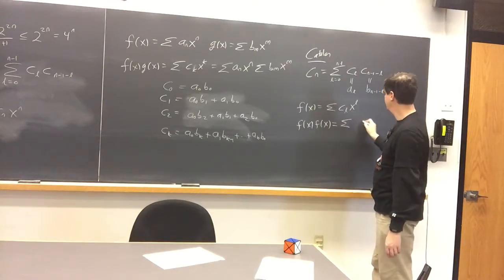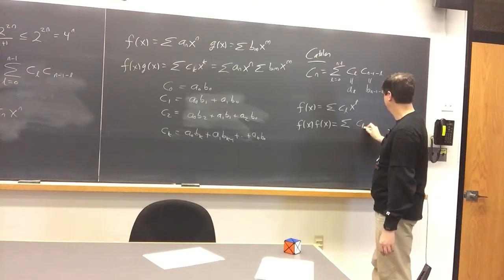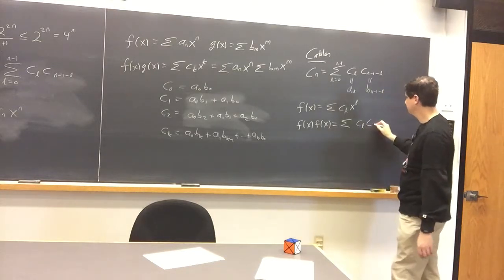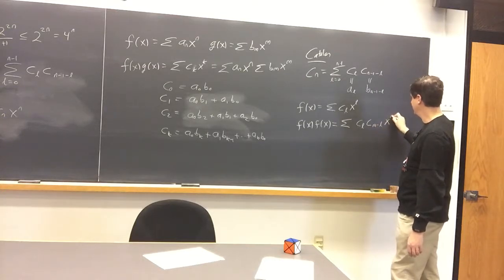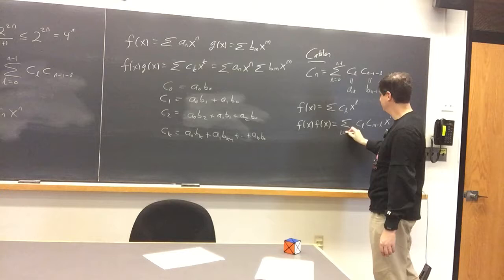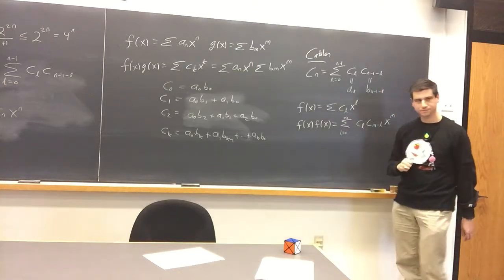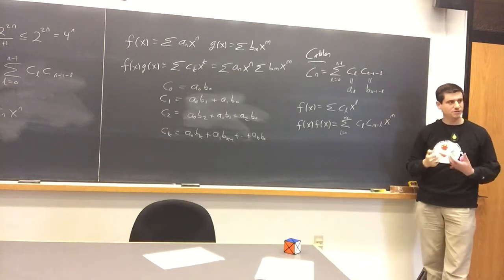And then what we'll have here is c_l and then c_{m minus l} x to the m. l goes from 0 to infinity. Everybody comfortable with this?